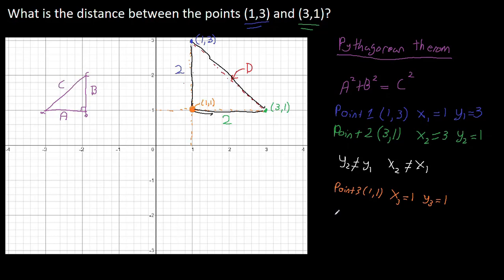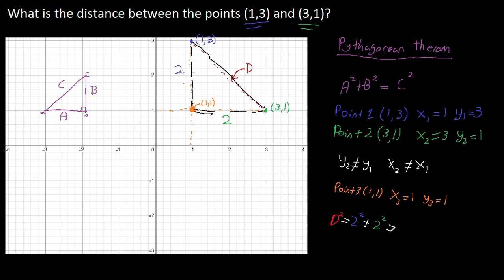So we're going to use d for distance. d squared is going to be equal to our 2 squared, and our other 2 squared. We're going to add these two together. We've just now taken care of the Pythagorean theorem.